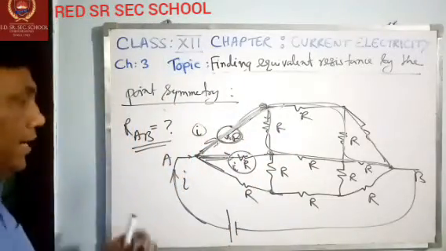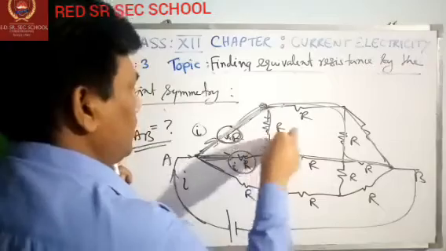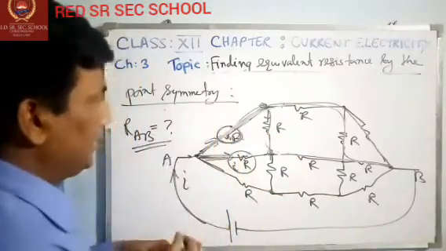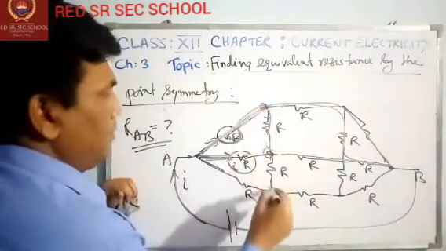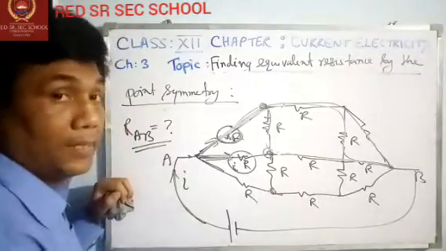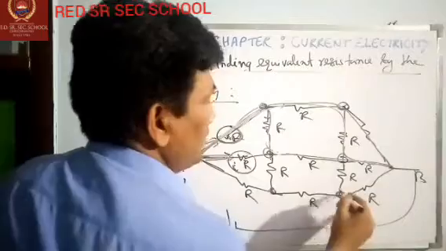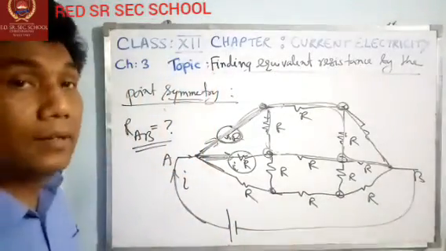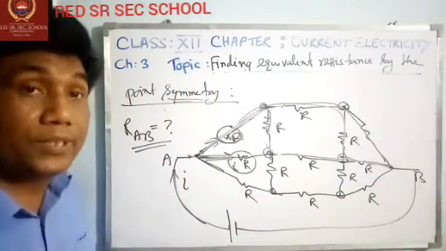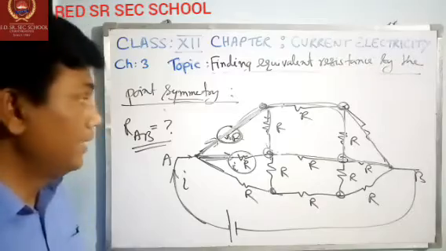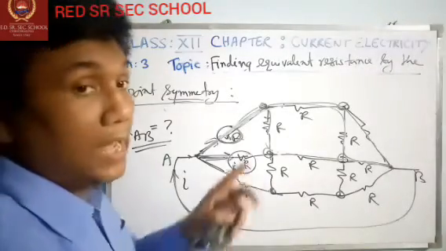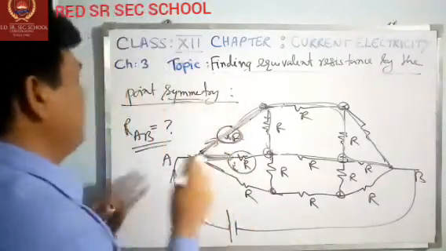So that is why I need to redraw this figure once more. That way you see this point and this point and this point will be at the same potential. They are symmetrical points. Exactly that way this point and this point will be symmetrical points. Are you getting it? Symmetrical points are at the same potential.